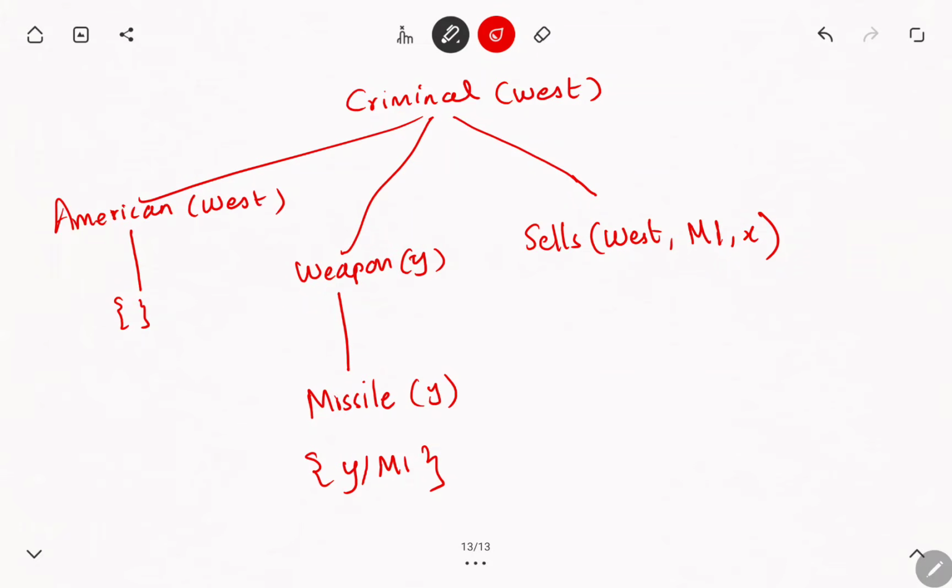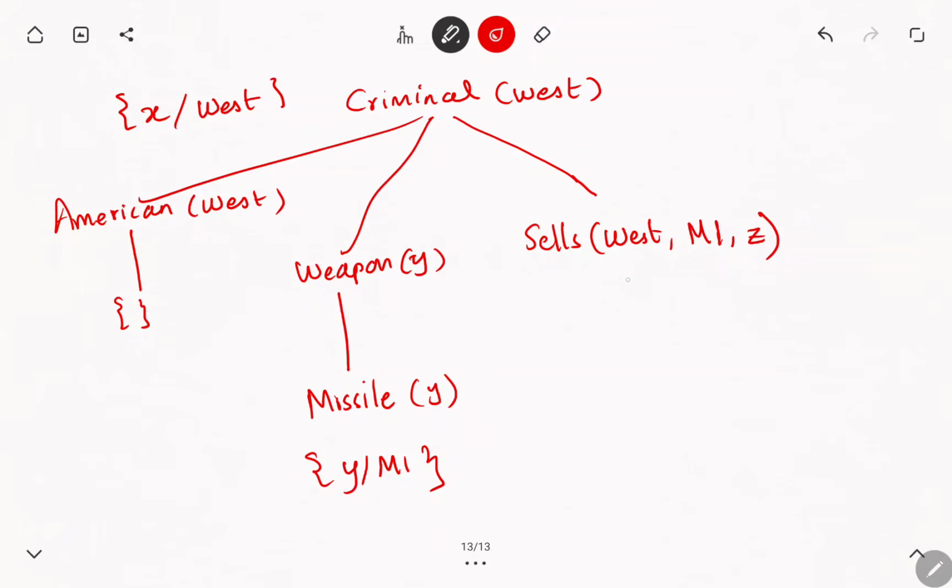So first American West needed nothing. For weapon Y I am using substitution M1. At the root level itself for criminal West, I am already using the substitution X as West. Then I substituted Y with M1. Now when I reach here, this should be Z actually, not X. So Z has yet to be substituted.